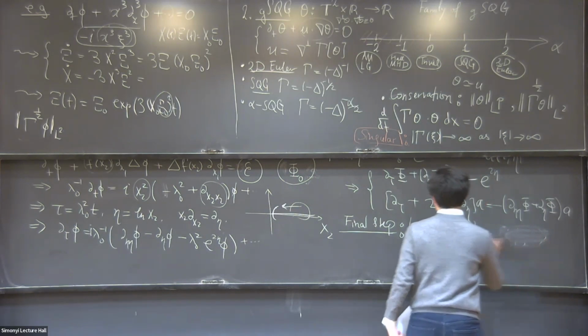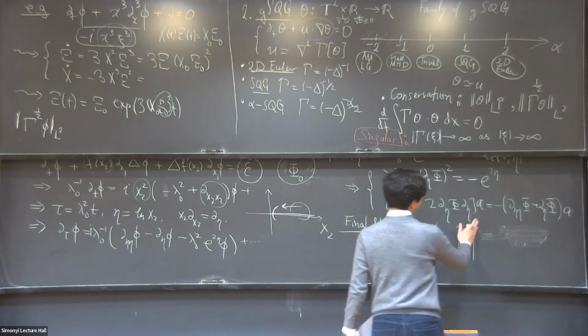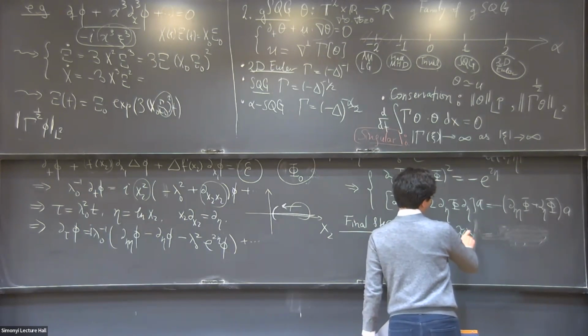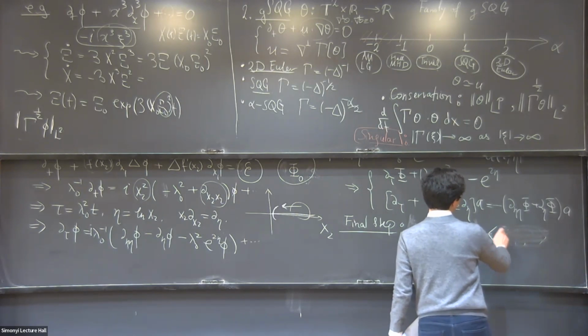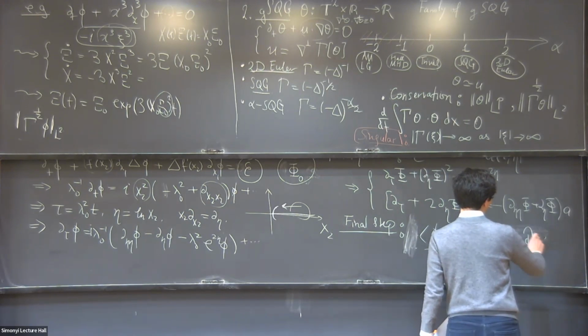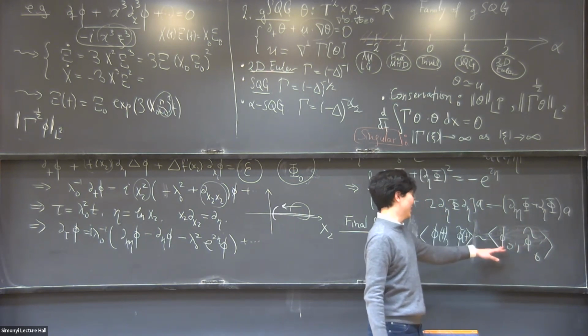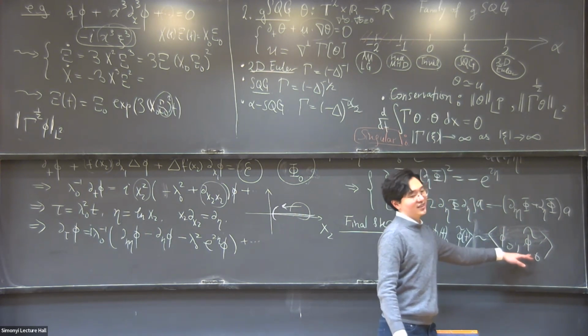And the punchline is that then this L2 product at time t is similar to the initial L2 product. This is explicit, and we can explicitly take the initial data to be this.